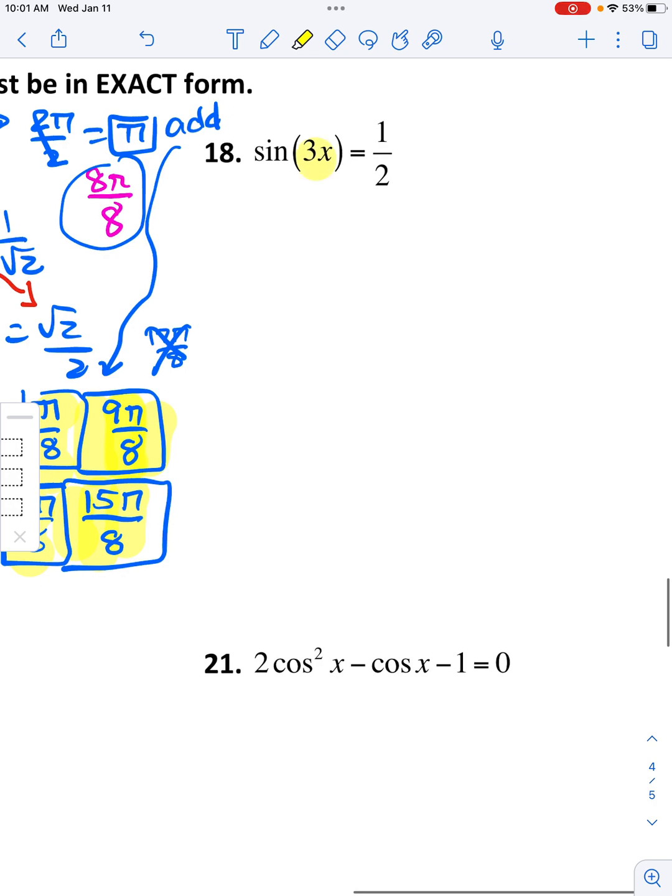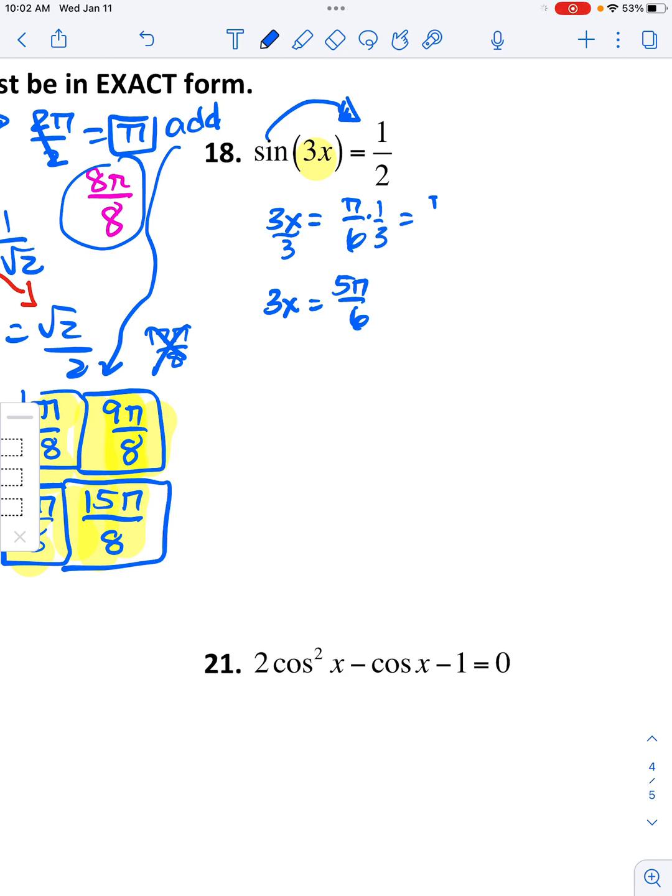Same thing's happening here in that I have multiple angles. I don't have to do anything actually. So I just start by looking for where the sine is a half, and that's what 3x will equal. And there's 2 places on the unit circle that the sine is going to be 1/2. One of them is going to be at pi sixth, and the other one is going to be at 5 pi sixth. But just like in the previous problem, I then divide this by 3.